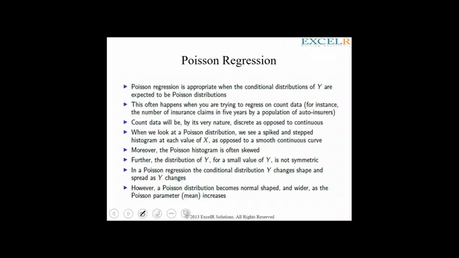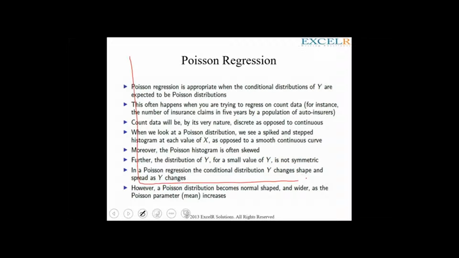Okay, now we know for a fact that it's often skewed towards the right side because of the very nature of the distribution. And if you have small values of y, your outcome variable, right? For small values of y, your Poisson is not symmetric, obviously. Y is nothing but your p value, right?